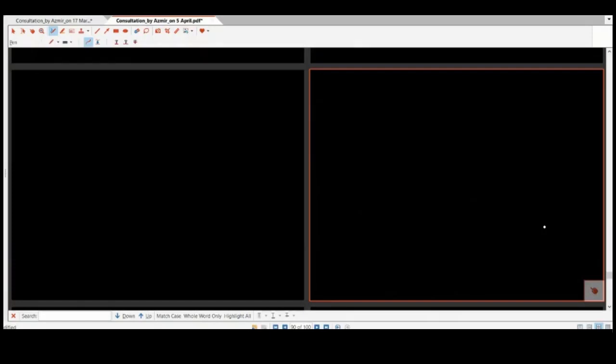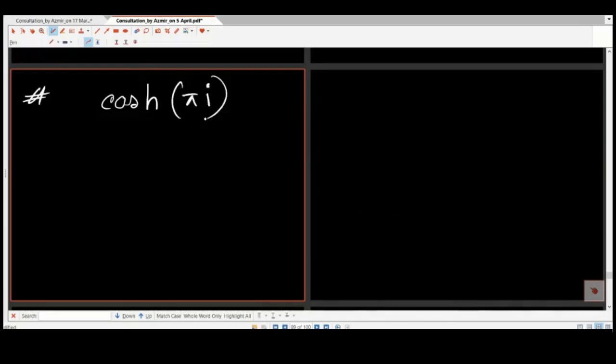I have mentioned that complex hyperbolic functions are also single valued. So let's have a look at how these are single valued. That means we will find only one output. Let's say we are going to evaluate hyperbolic cosine of pi i.